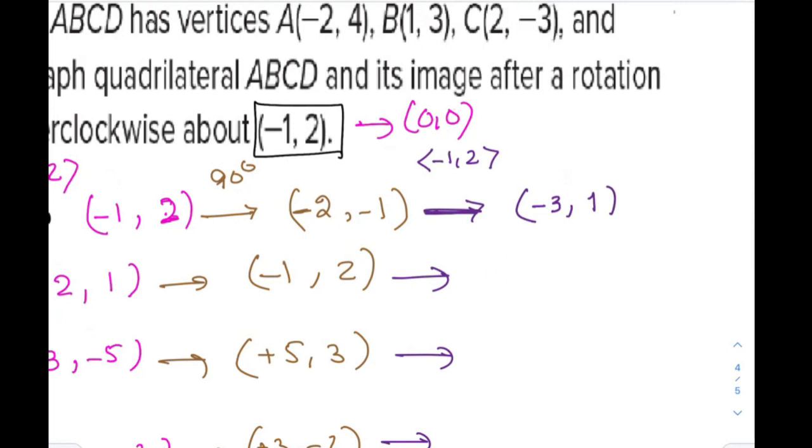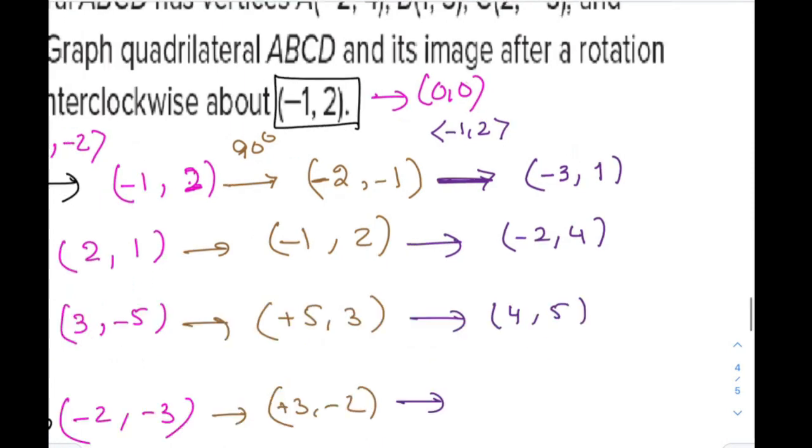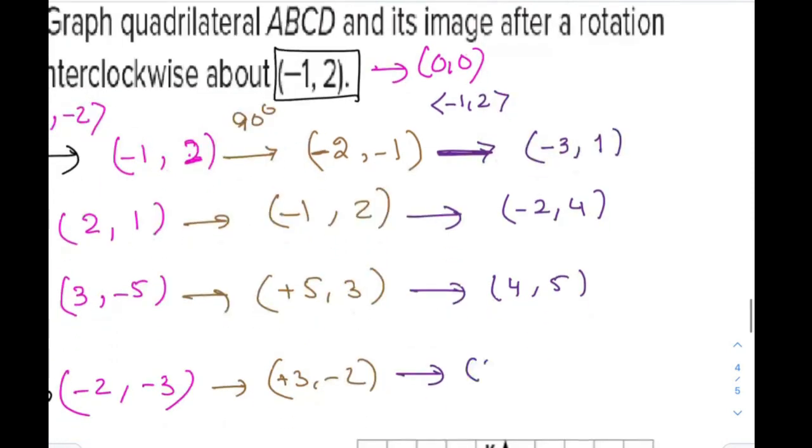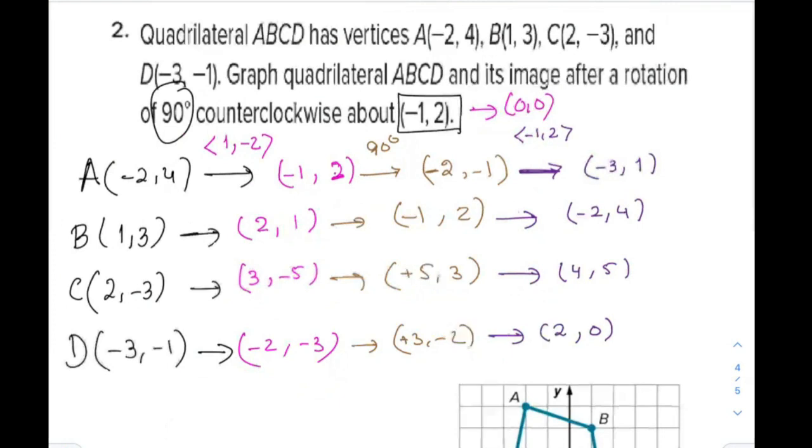Plus 2. -1 plus -1. 2 plus 2, 4. 5 plus -1, 4. 3 plus 2, 5. 3 plus -1 is 2. And -2 plus 2, 0. So these are the vertices after rotation. This is A prime, B prime, C prime, and D prime.